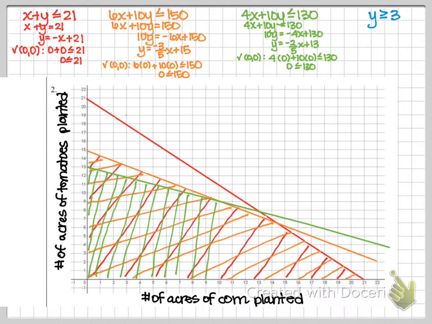So below the green line, but where it's already red and orange. Notice I'm not going all the way up to the green line anymore. I only want to go where the overlap is already located.